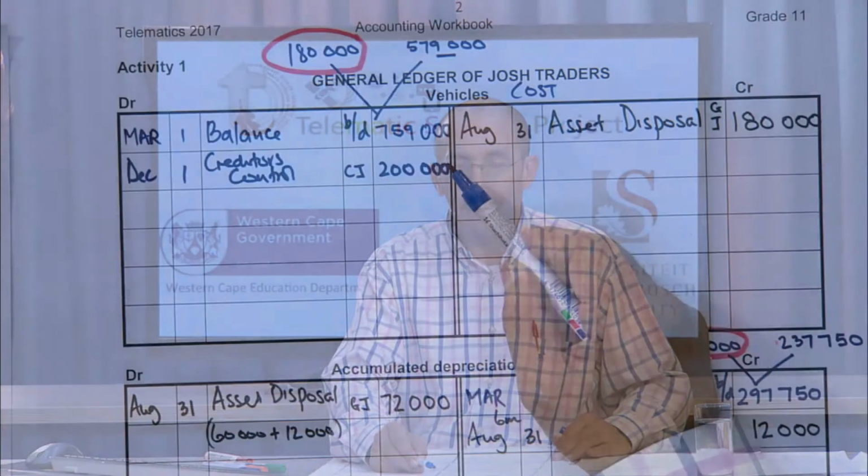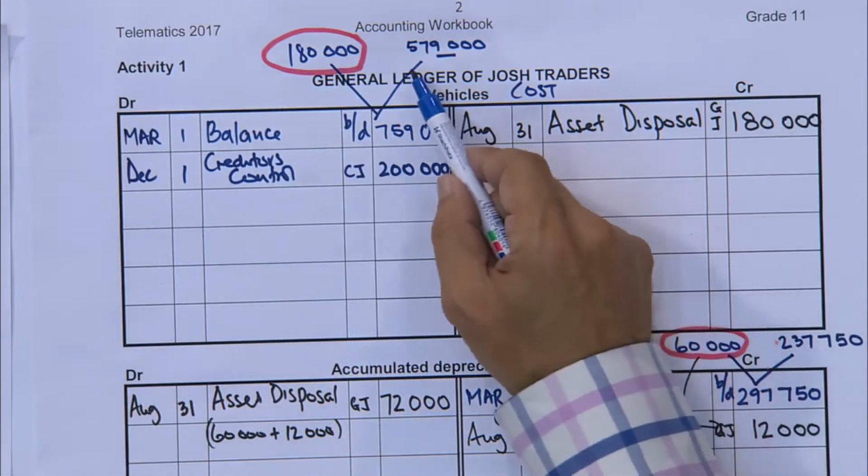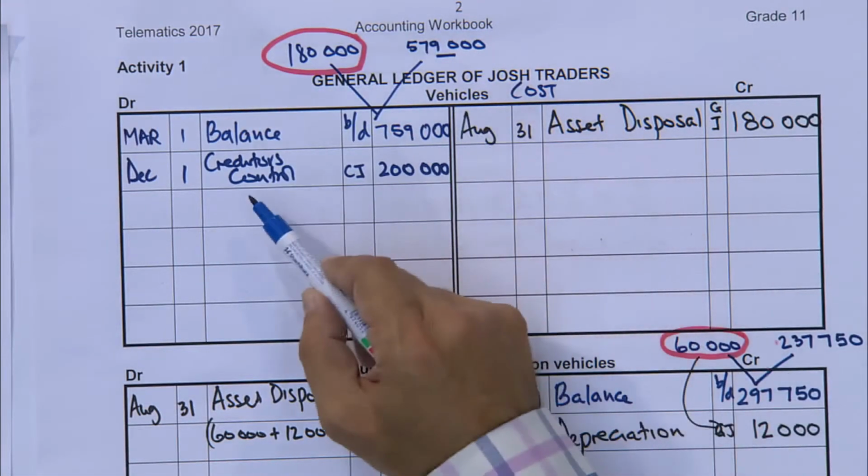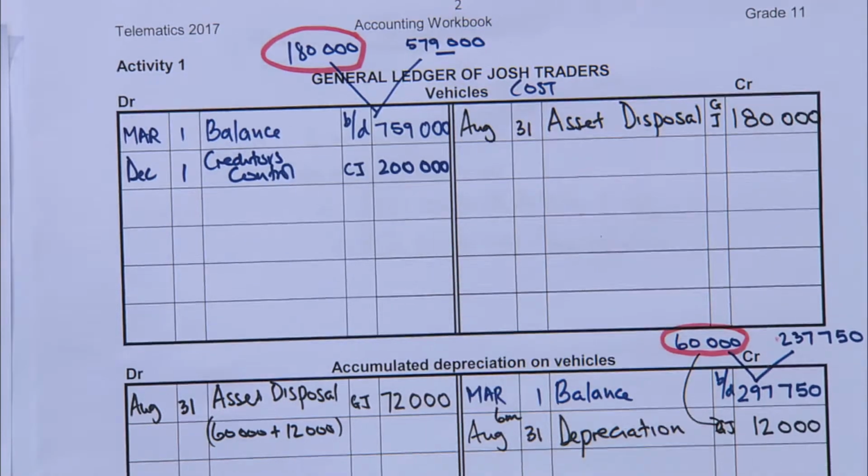One we had for the whole year, and the other one we only had for a certain number of months of this particular financial year. So you have to look at the dates because the dates will determine the number of months of depreciation that you're going to write off. So first of all, it will be the old vehicle that we have left over, which will be 579,000, and the new vehicle will be 200,000.